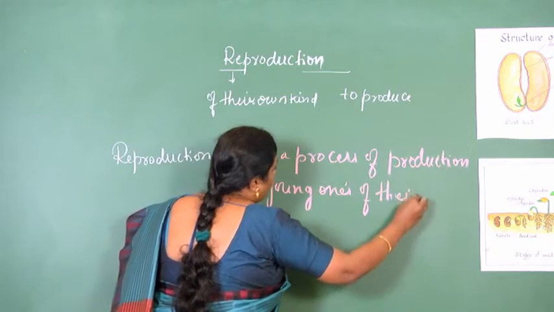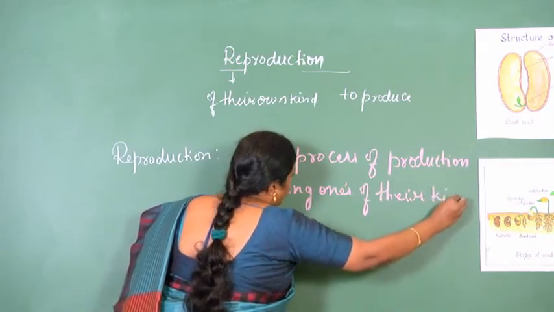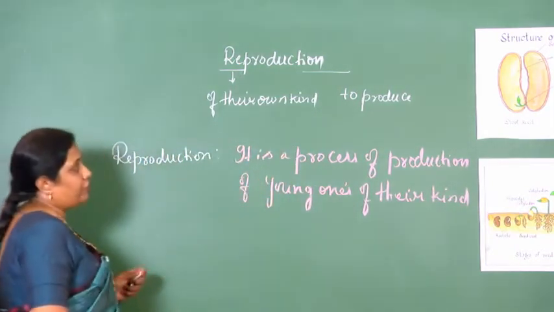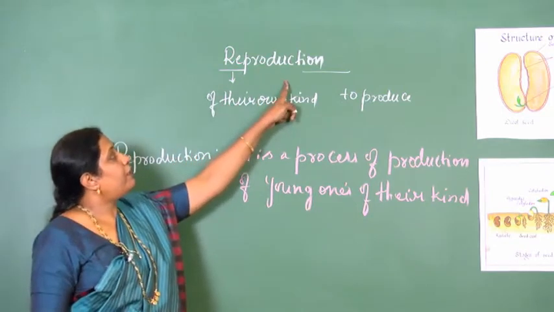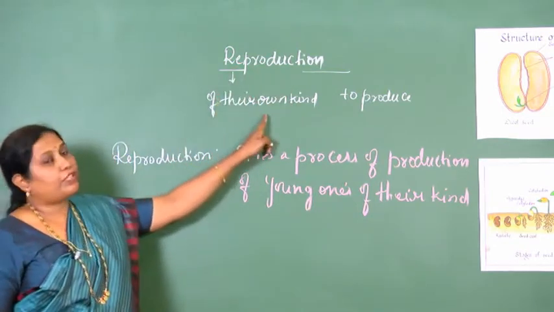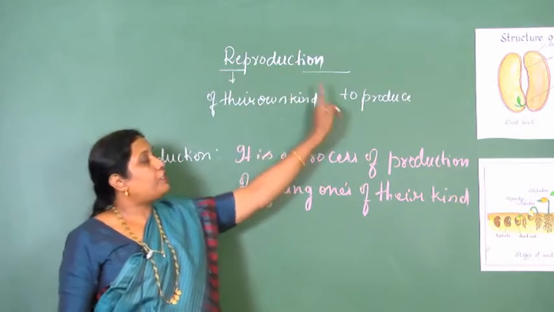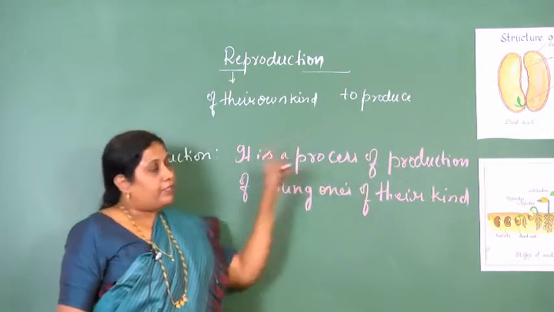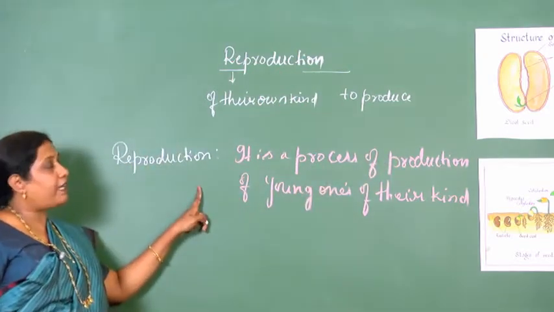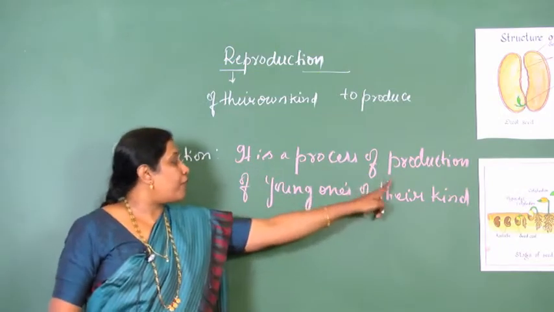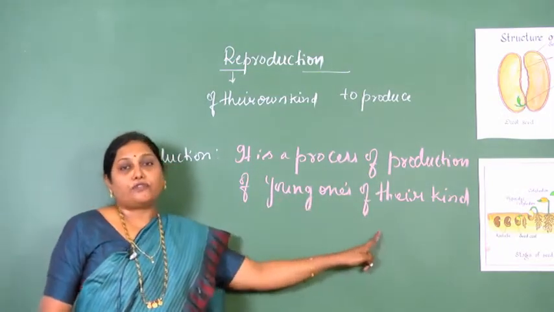Okay, reproduction means of their own kind, and production means to produce. That reproduction is defined as a process of production of young ones of their own kind.